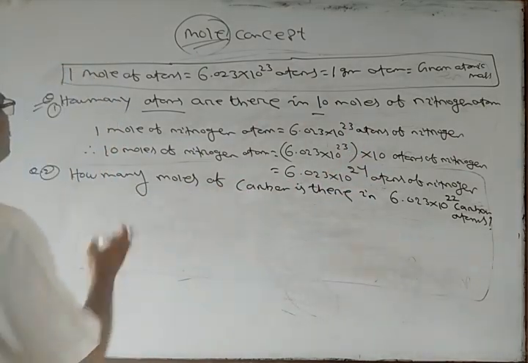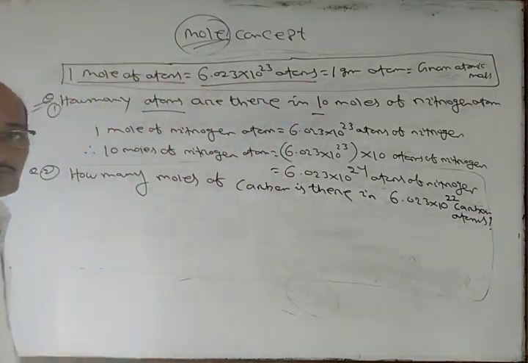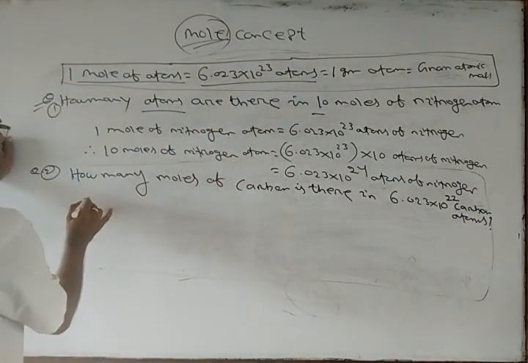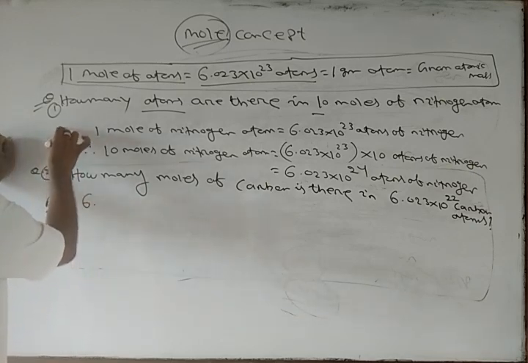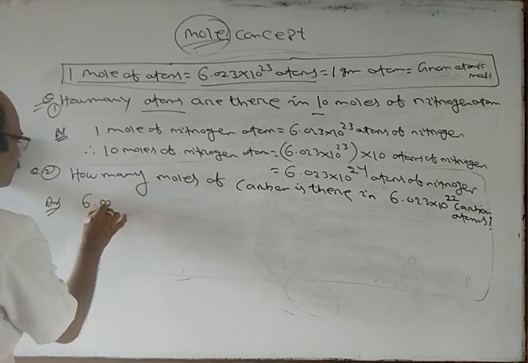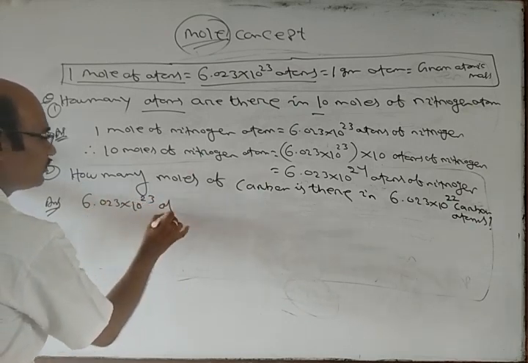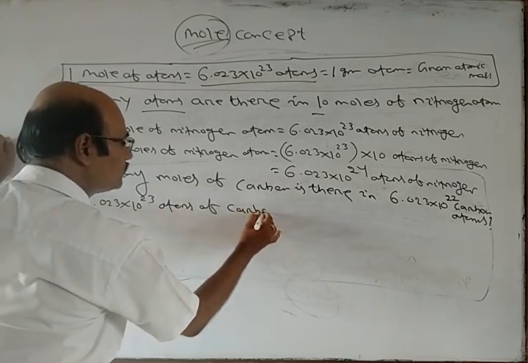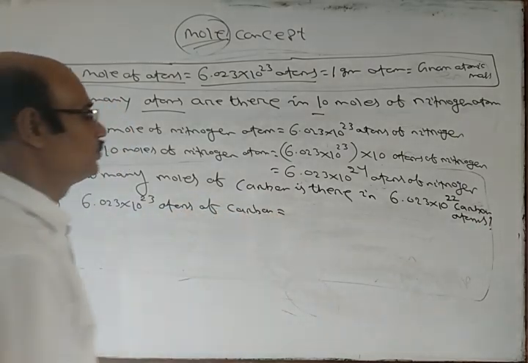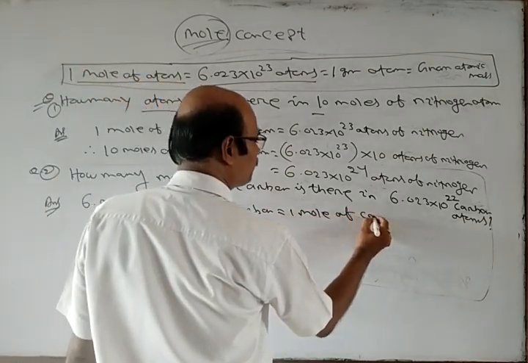Already we know this much of atoms is equal to 1 mole of atoms. So 6.023 into 10^23 atoms of carbon equals how many moles of carbon? 1 mole of carbon.